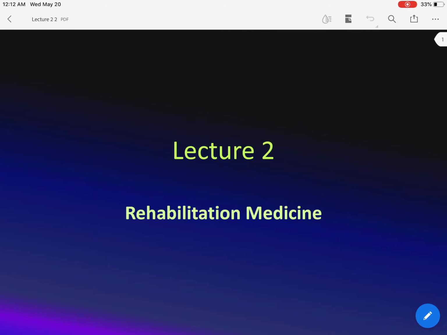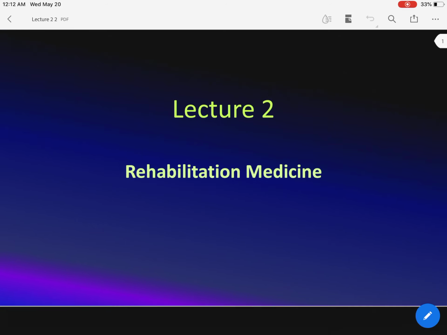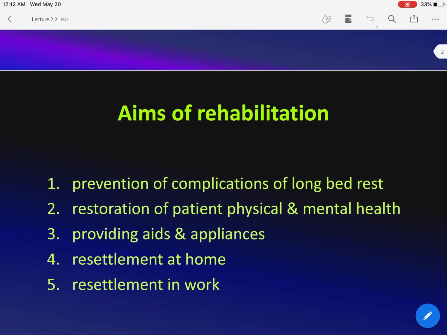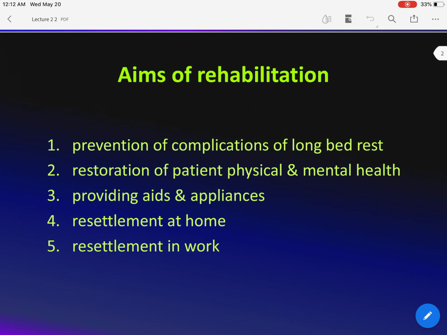Our second lecture was discussing the aims of rehabilitation process. And these aims are: number one, prevention of complications of long bed rest.